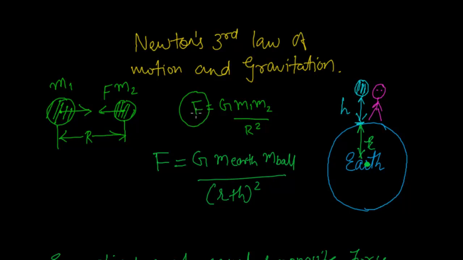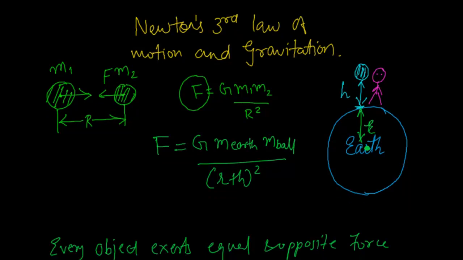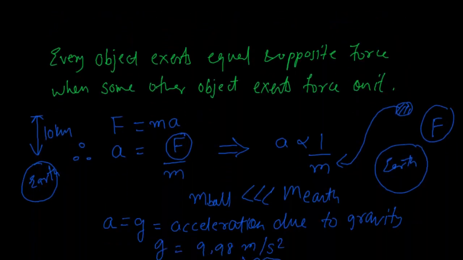Now this force is a mutual force, so m1 would attract m2 and m2 would attract m1. The same thing takes place in case of Earth and ball, or Earth and any other object. So technically speaking, just like Earth attracts a ball, the ball also attracts the Earth by equal and opposite force, according to Newton's third law of motion.